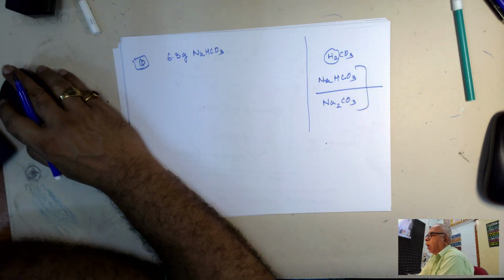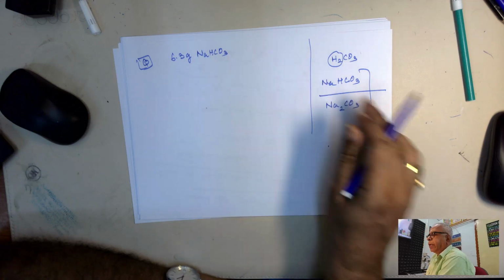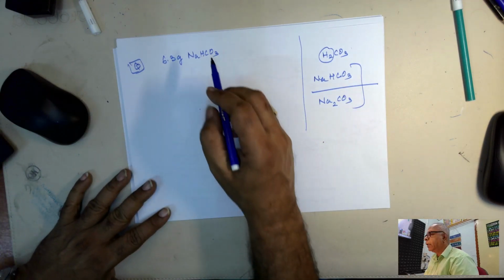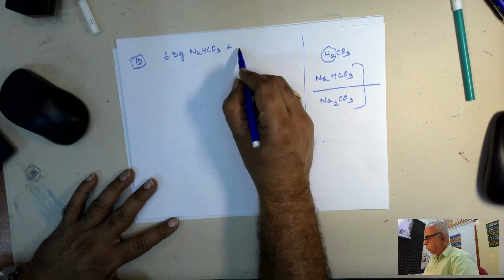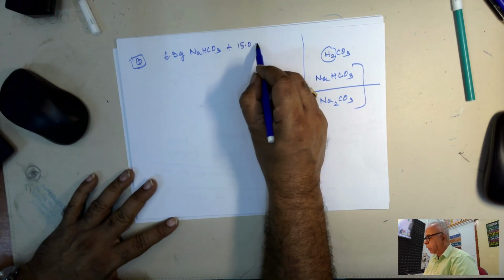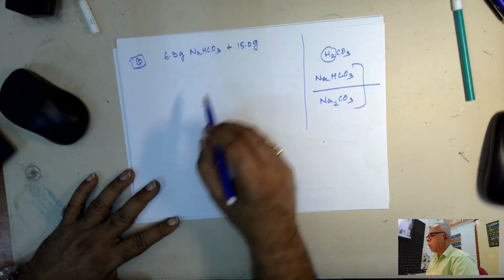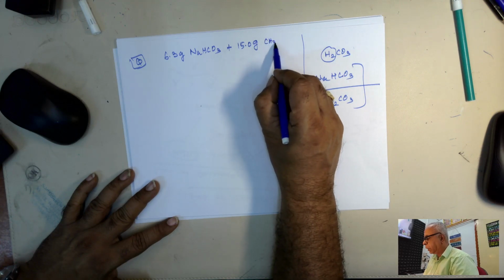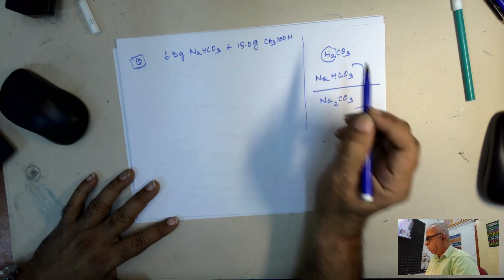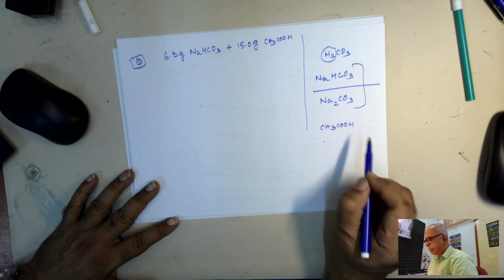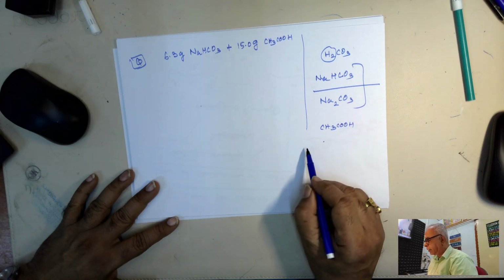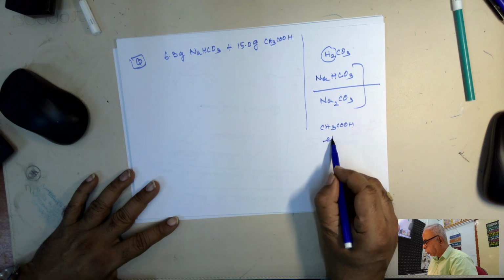Now we consider sodium bicarbonate, that is sodium hydrogen carbonate, which is added to 15.0 gram acetic acid solution, CH3COOH. What is this acetic acid? CH3COOH is an organic acid, acetic acid, also called ethanoic acid.